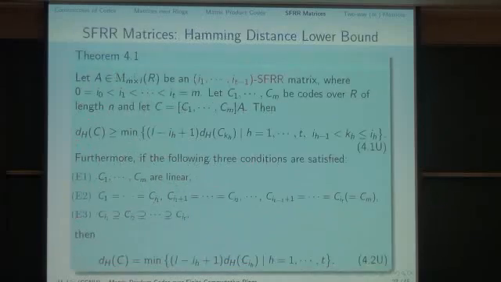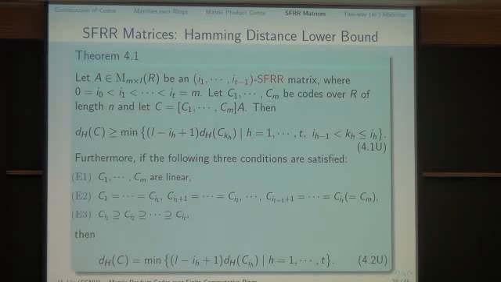So this is our last result. Suppose A is an (I_1, ..., I_{T-1}) strongly full rank matrix. And here C_1, ..., C_M are codes of length n. By using this strongly full rank matrix and the M codes, we construct the matrix product code.